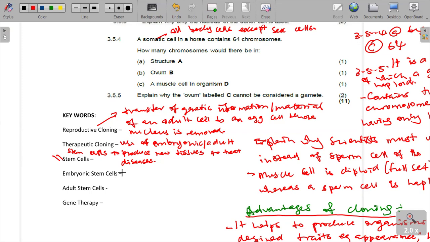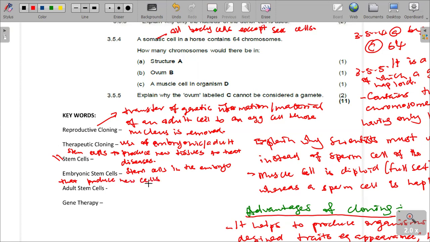These are stem cells in the embryo that produce new cells.